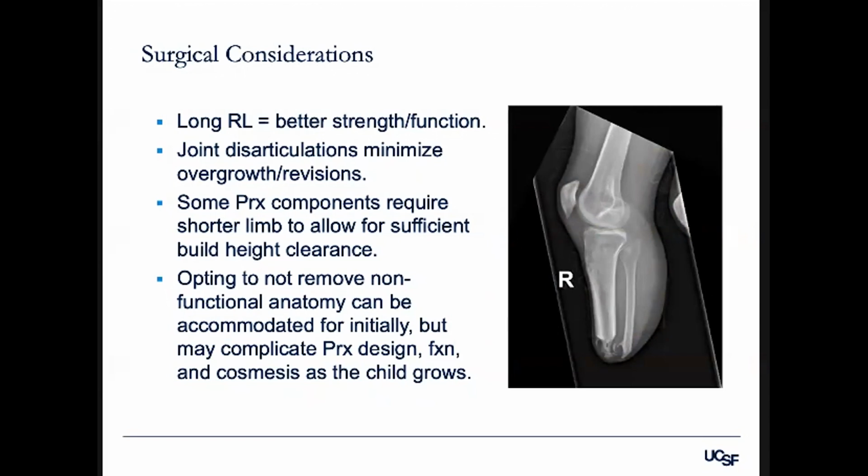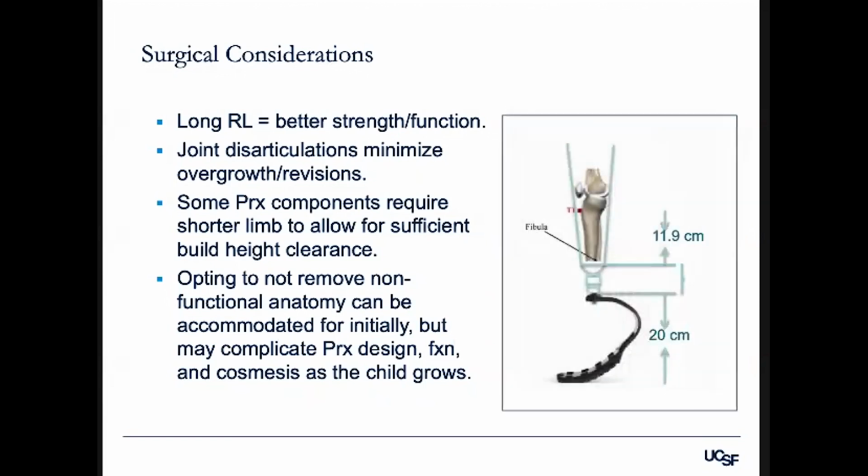I really like the idea of the cartilaginous cap in these cases, but if you have the opportunity to do a Syme or a longer amputation through the joint, I think that's always indicated. Some prosthetic components do require a shorter residual limb length to create sufficient clearance for their use. That's a conversation you have with the family to understand the desires of the child.